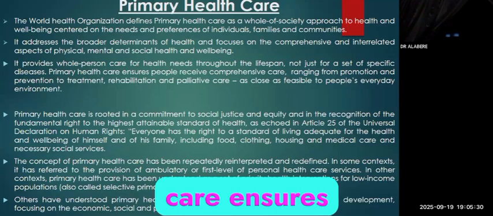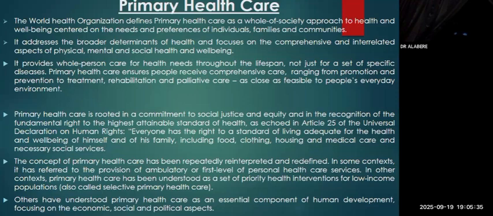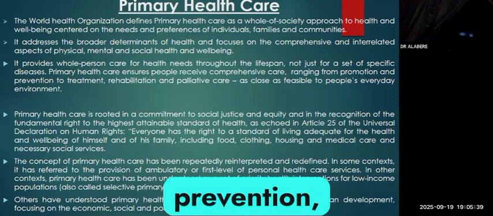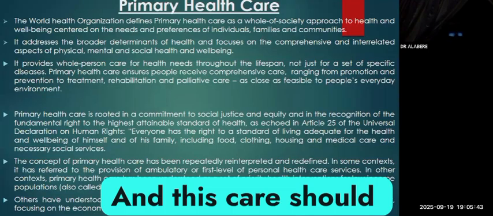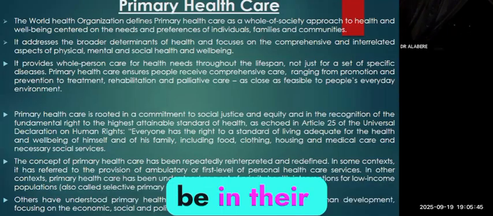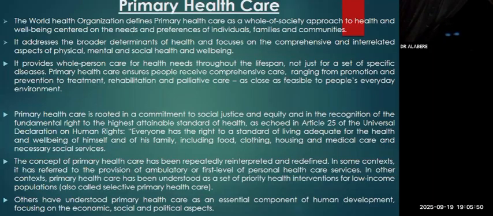So primary health care ensures that people receive comprehensive care that has the full range from promotion, prevention, rehabilitation, and palliative care. And this care should be in their environment, as close as feasible to people's everyday environment.